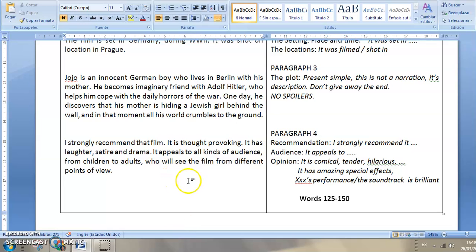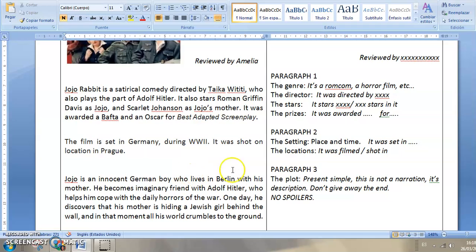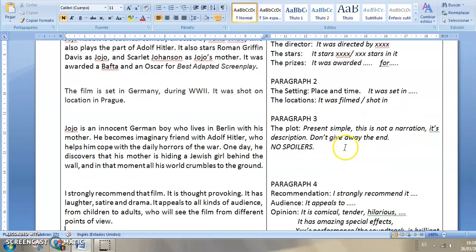And to prepare for the review, remember, you need to gather information about it. Don't copy, okay? Right? Don't copy the review. Just gather or get together all the information you need about the director, the name of the director, the name of the stars, and the prizes, and where and when it is set, okay, and where it was shot or filmed.